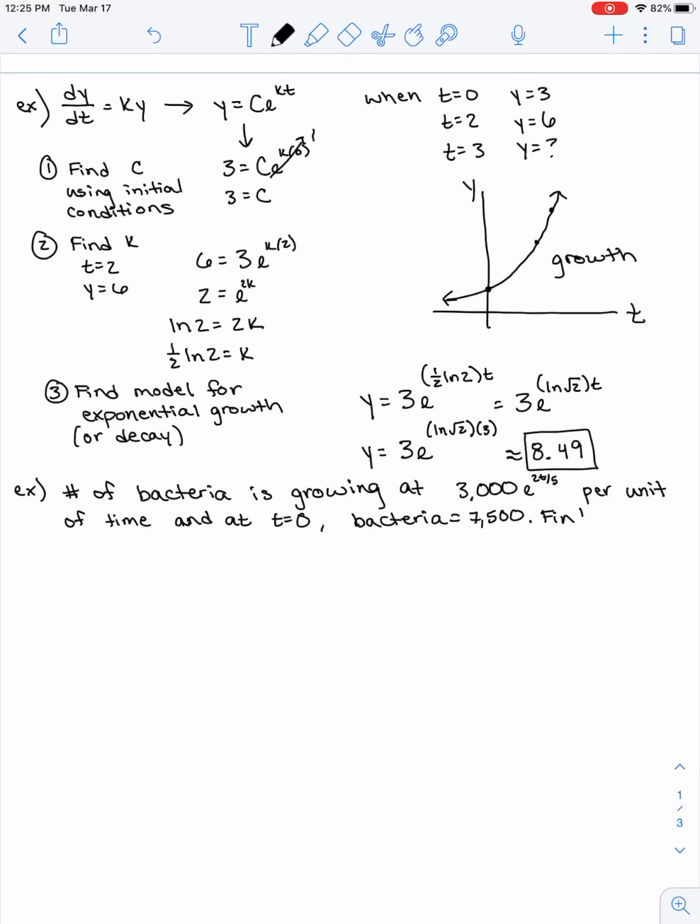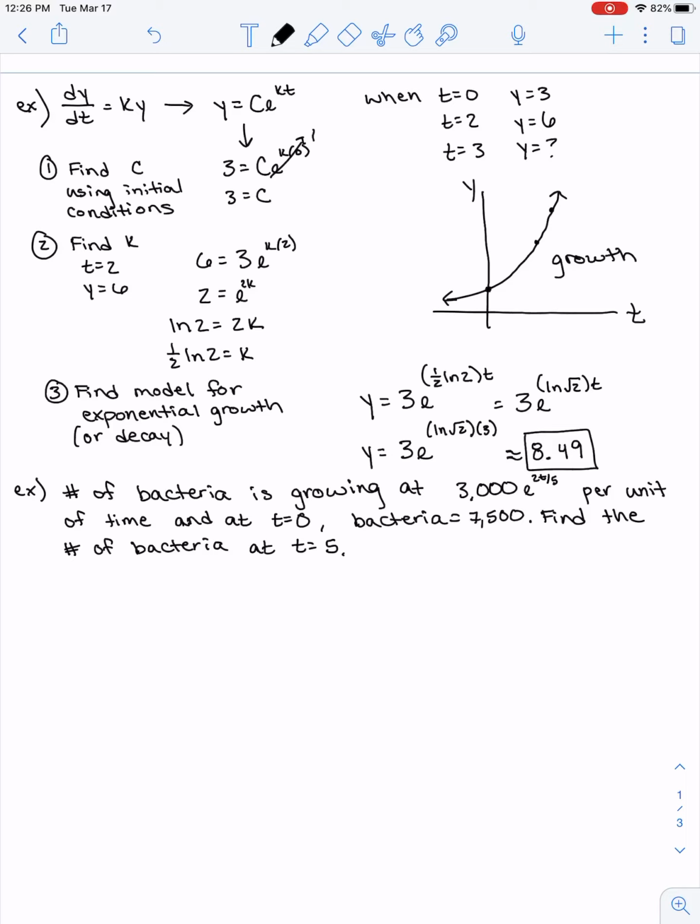Find the number of bacteria at time equals 5. This should be fun.